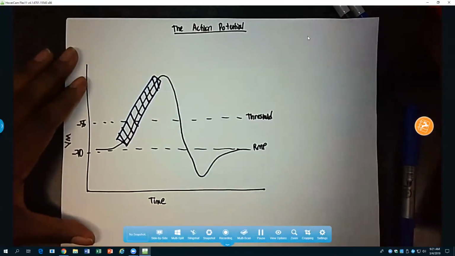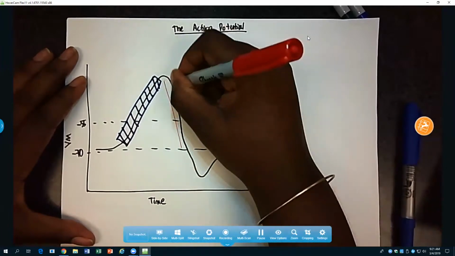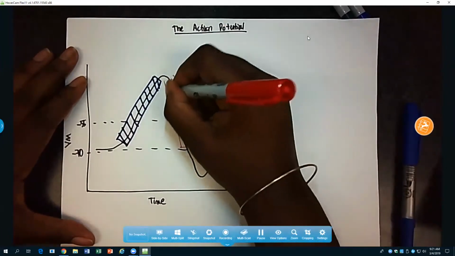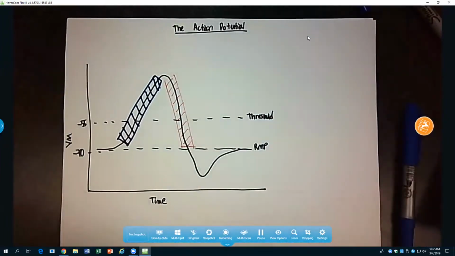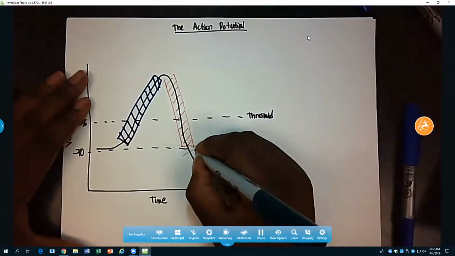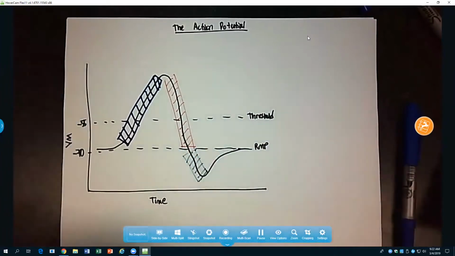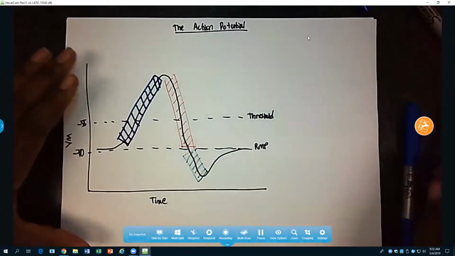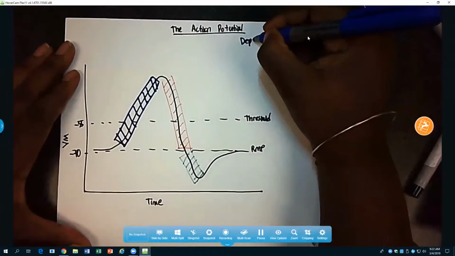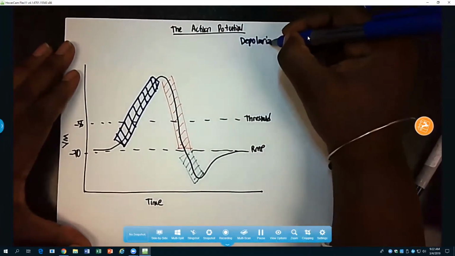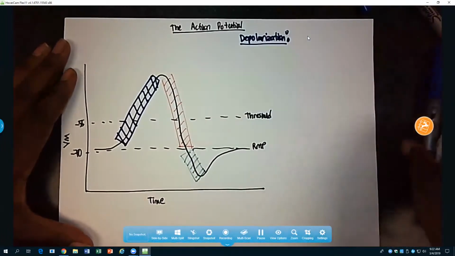That'll be your first area. Okay, so let's describe what's happening in each of these phases. The first phase we know to be depolarization. We'll talk about what happens here first.